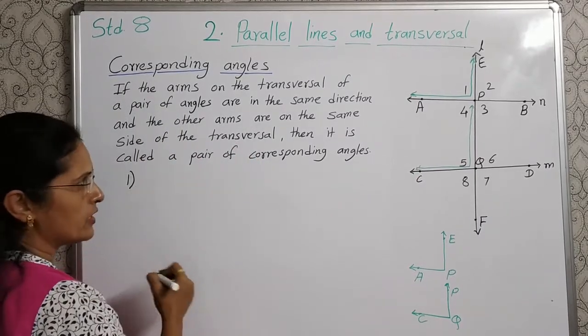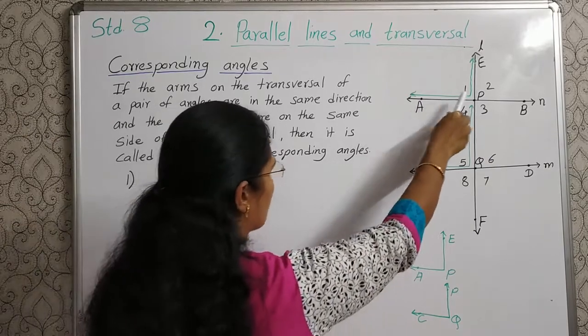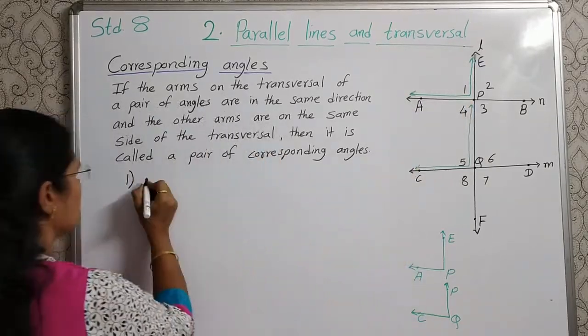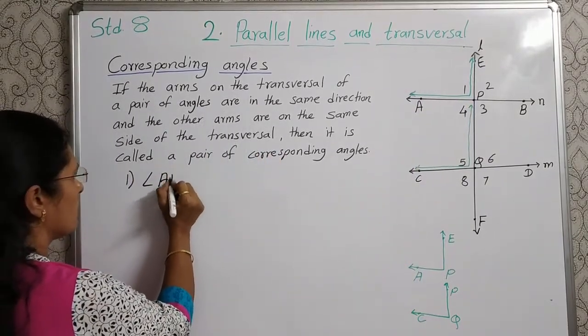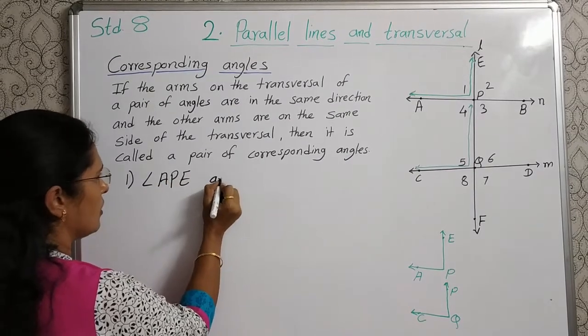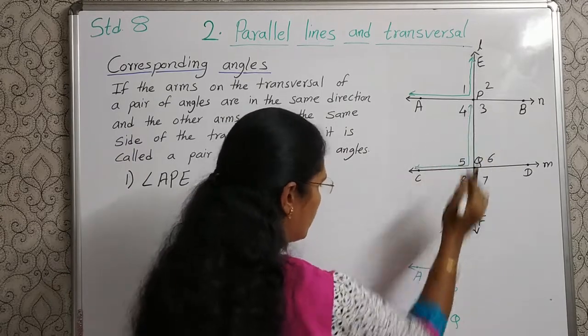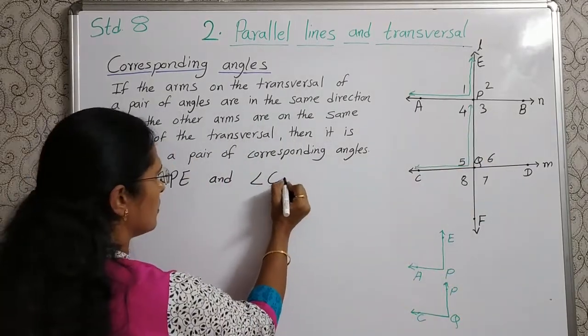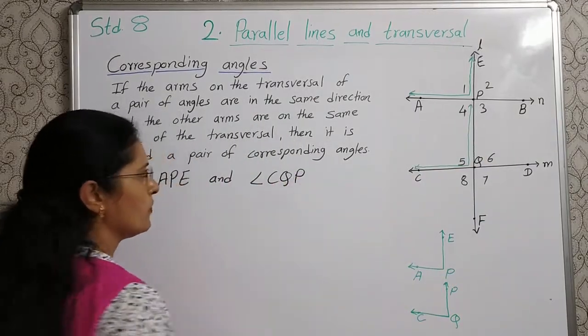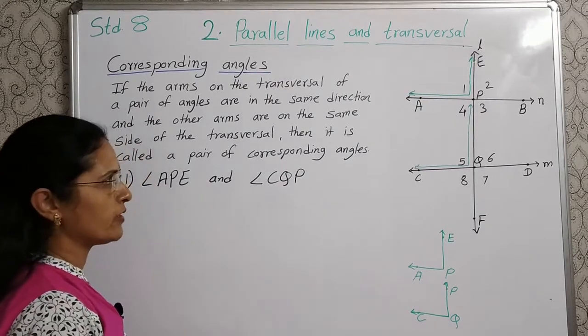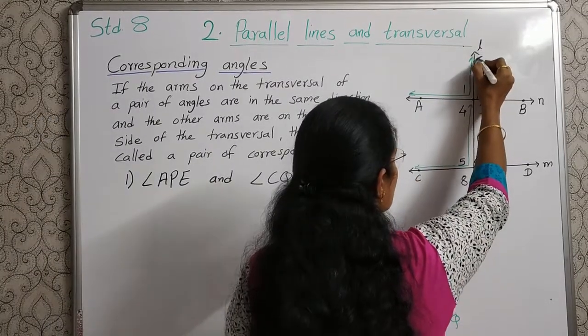So this angle and this angle form the first pair of corresponding angles. We'll write their names here: angle APE and angle CQP is the first pair of corresponding angles.